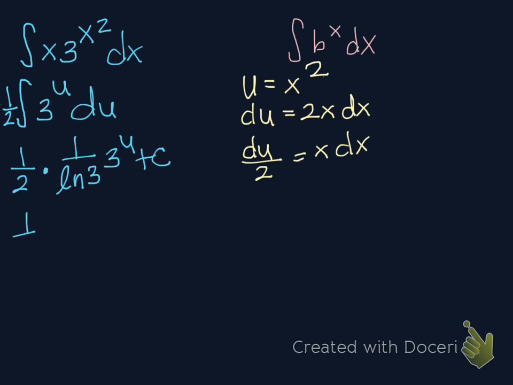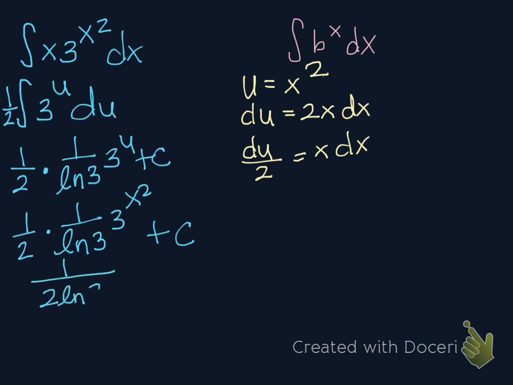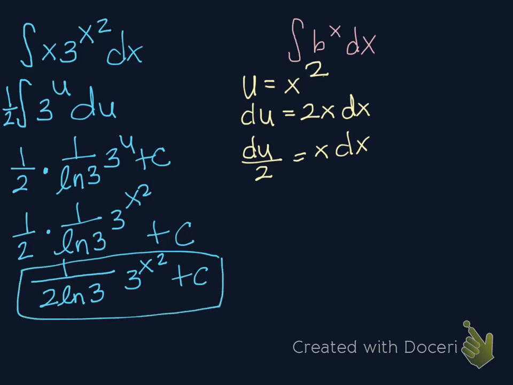So this is 1/2 times 1 over ln of 3, 3 to the x squared, because that's what u is, plus the constant. And then the last step for MyMathLab to be happy would be simplify it a little bit more. So this is 1 over 2 ln of 3, just by combining fractions, times 3 to the x squared plus c, and that would be our actual solution.